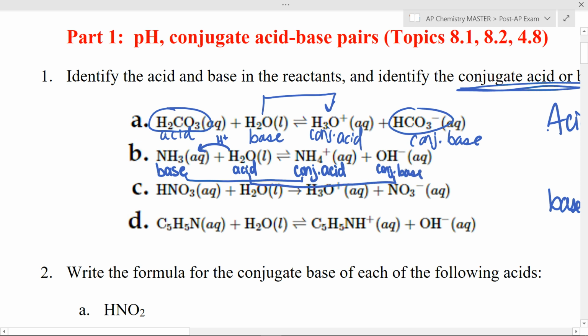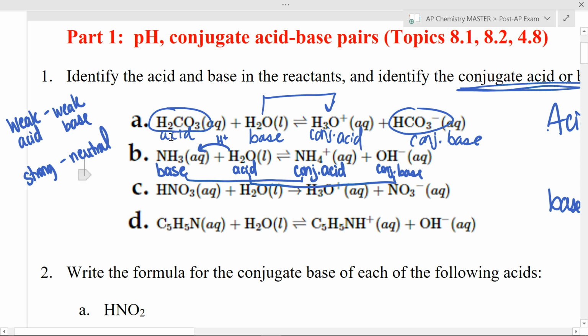And here's a good time to mention, when we're thinking about conjugate pairs, there's a saying: weak pairs with weak. So the conjugate of a weak acid is a weak base, and strong pairs with neutral. Notice how in this case H2CO3 is a weak acid.